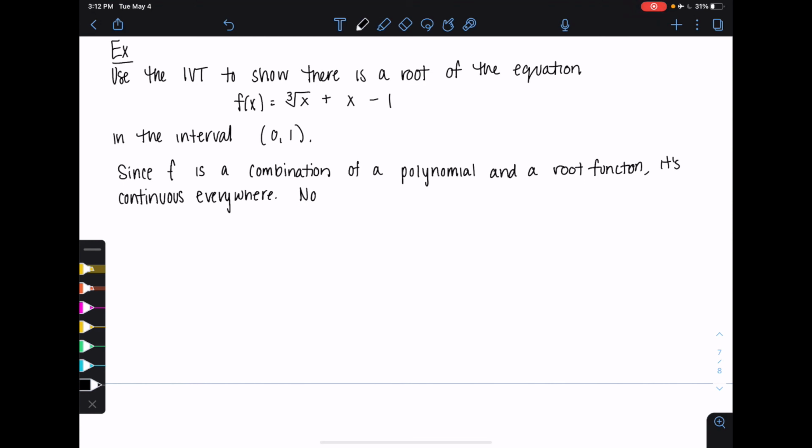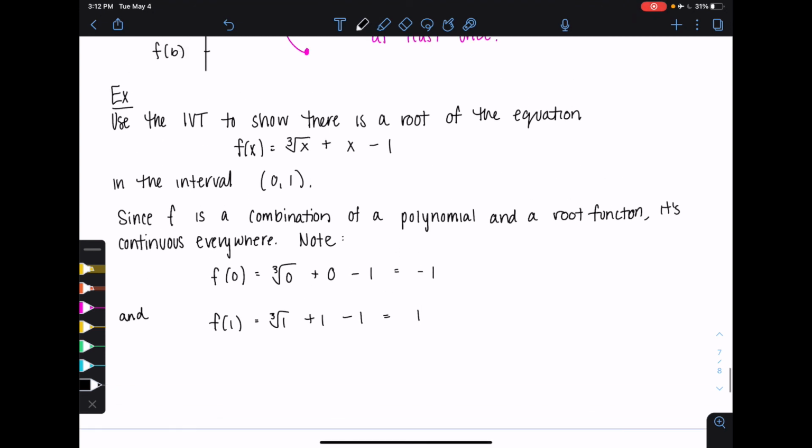And then I want to go ahead and see what happens at my endpoints. If I plug 0 into this function, that's the cube root of 0 plus 0 minus 1, gives me negative 1. And if I plug in positive 1, gives me the cube root of 1 plus 1 minus 1, that's positive 1. So at one endpoint, we're negative.